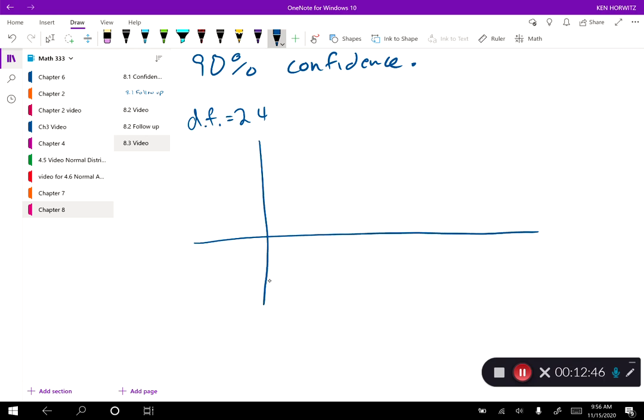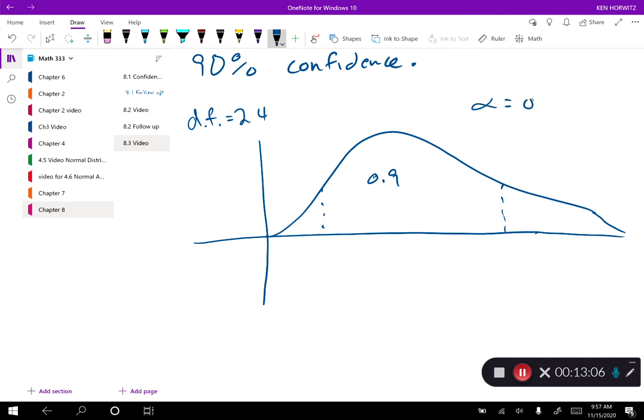All right, and the next thing I'm going to do is draw a picture. So again, I'm going to just kind of estimate my chi-square. I'm going to put in my 0.9 right there. And I'm going to put in my alpha divided by 2. My alpha is going to be 0.1, and my alpha divided by 2 is 0.05 in each tail.